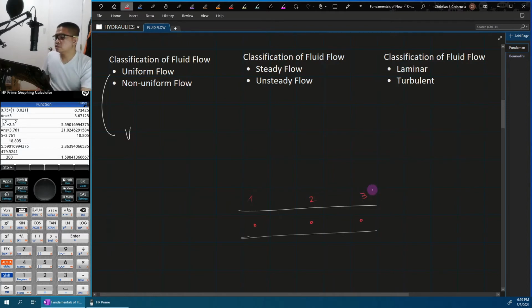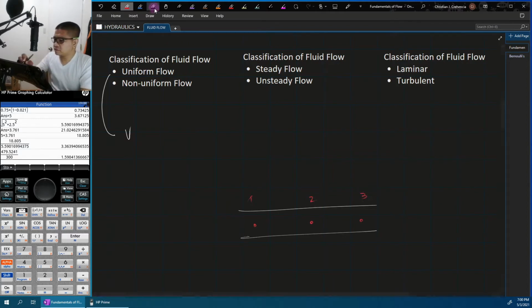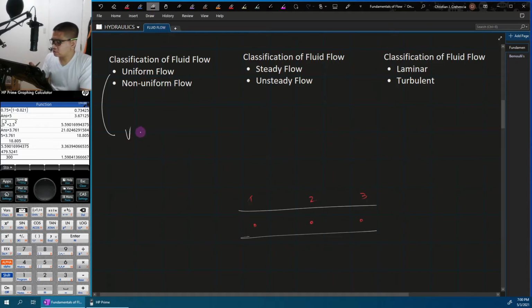So for the uniform flow, velocity at any point is constant, at any given time. Kailangan pare-pareho sila ng velocity. So paano mangyayari yun na pareho sila ng velocity?